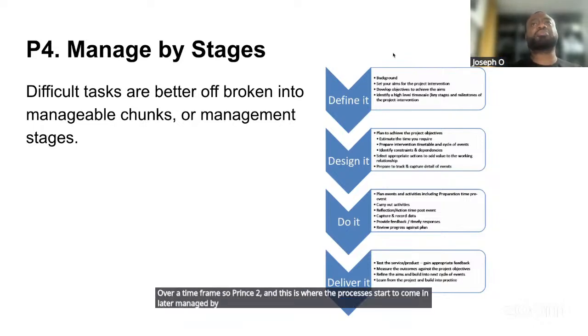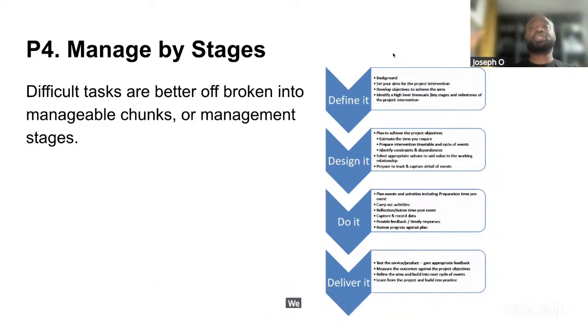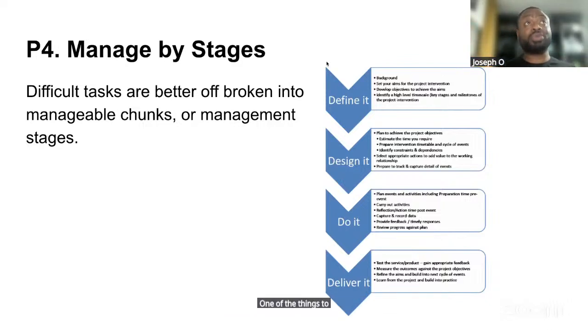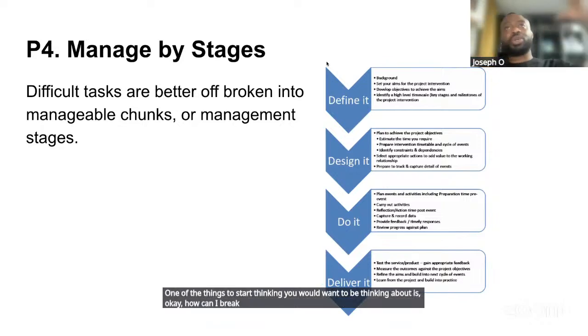If there's a big project, for example, we need to build a 20-story building, as a project manager, one of the things you would want to be thinking about is, how can I break the building of this 20-story facility into stages?